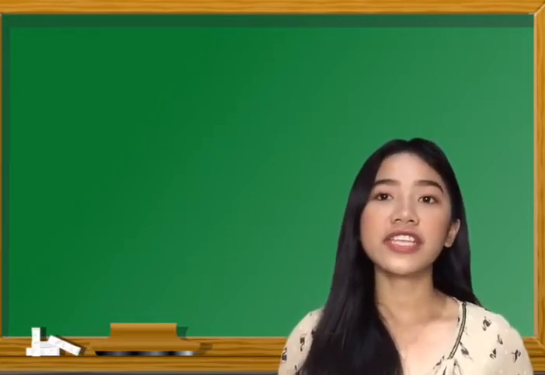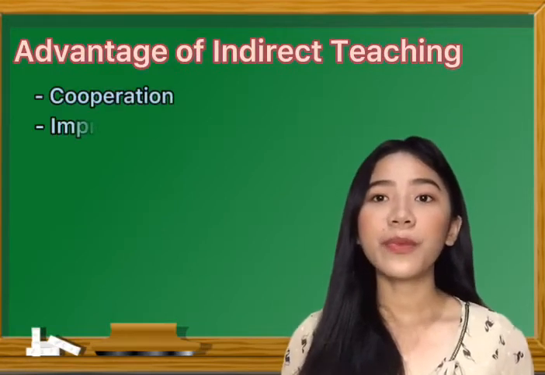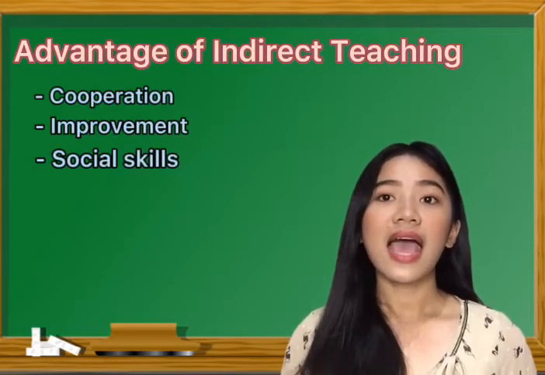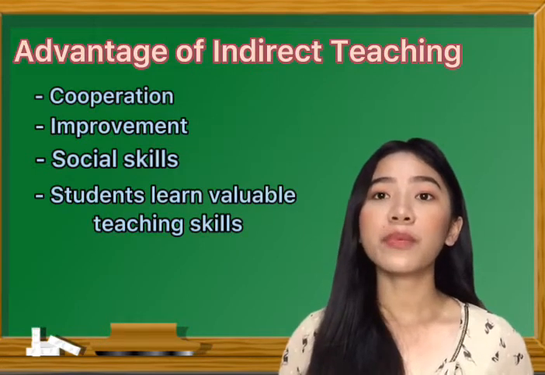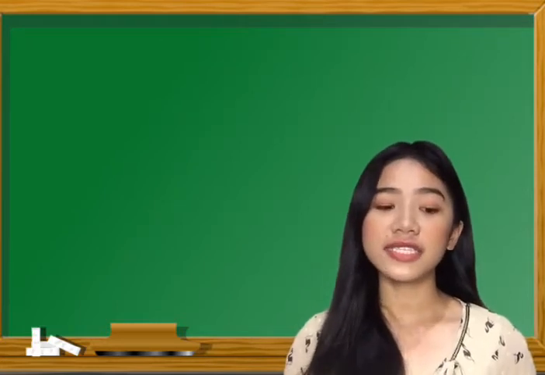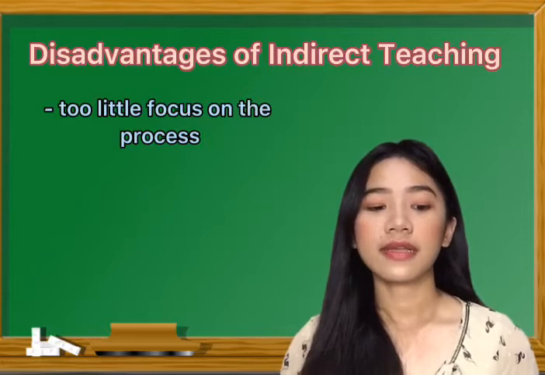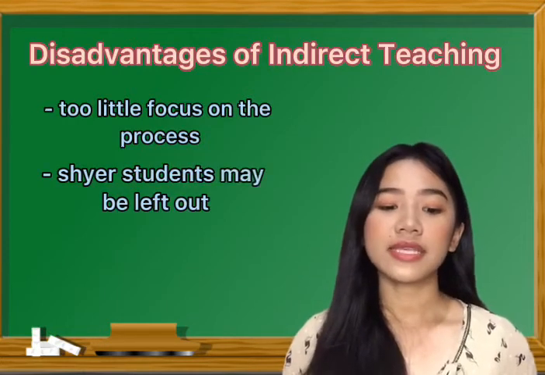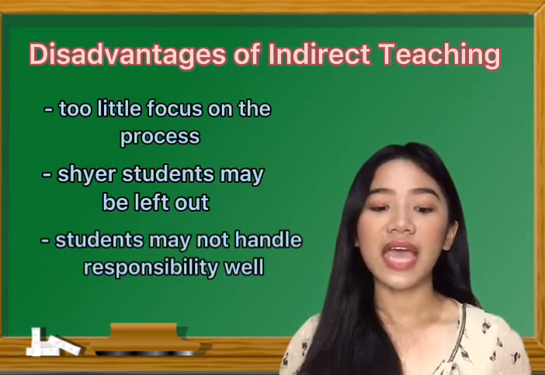Its advantage is having cooperation, improvement, and social skills, as well as the fact that students learn valuable teaching skills. And its disadvantages are too little focus on the process, shyer students may be left out, and students may not handle responsibility well.